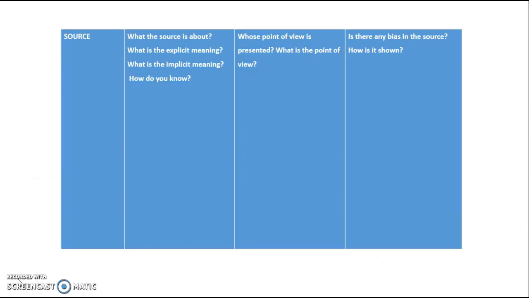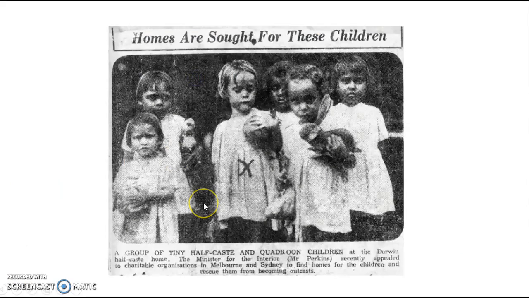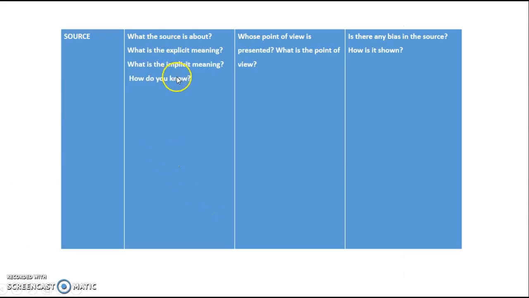When we're looking at this source, this is an example of how you can do the analysis. What is the source about? It's about granting voting rights to Indigenous Australians. That's our very easy overview. The explicit meaning?